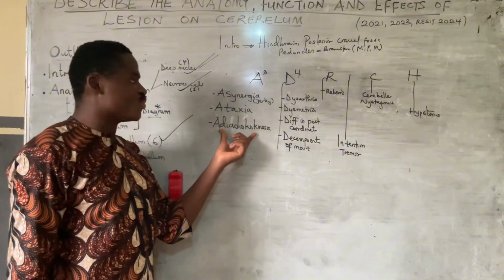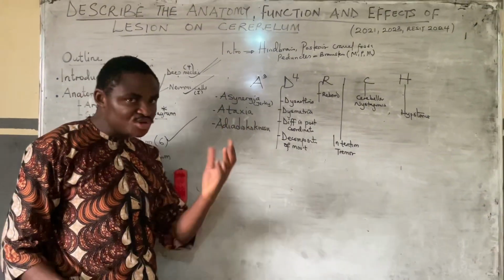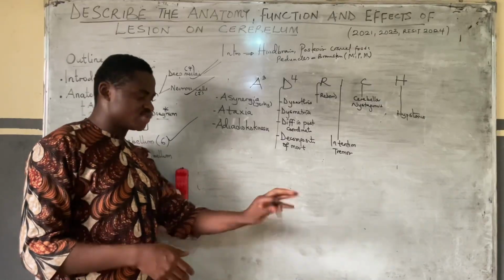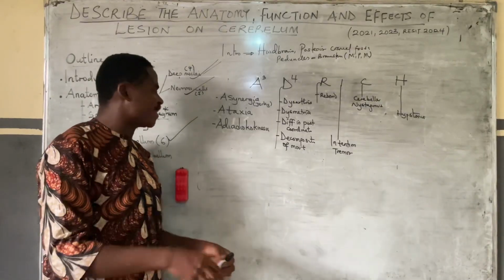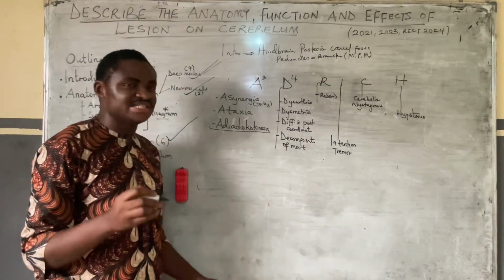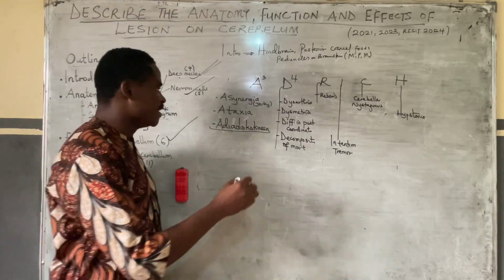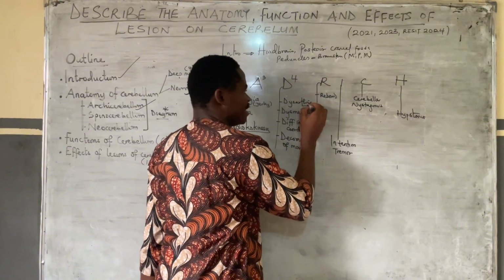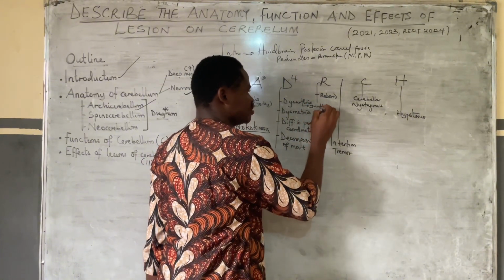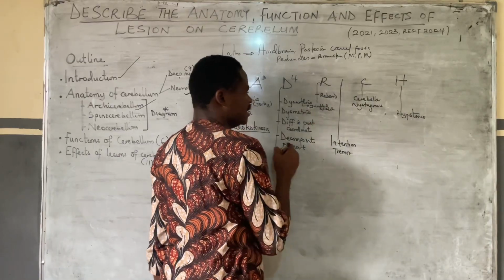Then adiadochokinesia is difficulty performing rapidly changing movement. I can move like this, supination and pronation, that kind of quick movement. When a person has that difficulty, we call it adiadochokinesia. Dysarthria tells you about a person having jumbled speech.